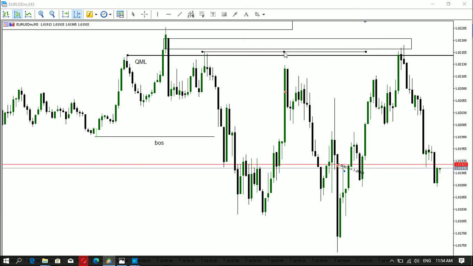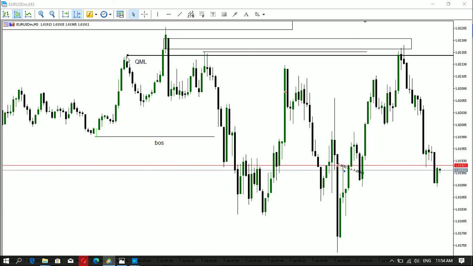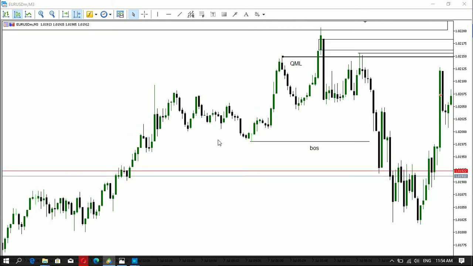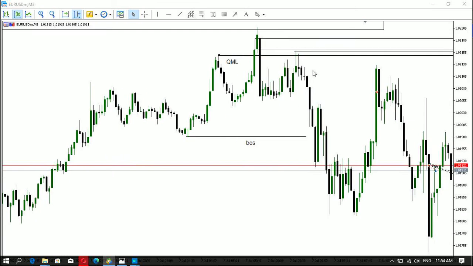So this here is an inducement. It's a fake high, and that was the reason I was looking at my QML, because we have higher high, higher low, higher high, higher low, higher high, we failed to create a higher low, then a little adjustment to create the inducement, and then we have the break of structure that happened here.